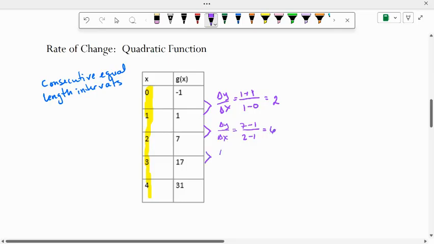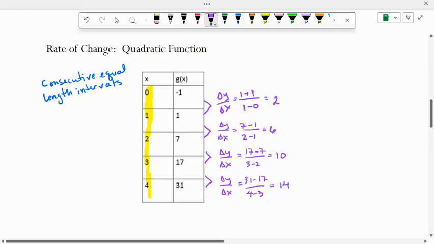When I do it again, I now get 17 minus 7 over 3 minus 2 gives me 10 over 1, which is 10. And my last equal length interval slope is 31 minus 17 over 4 minus 3. So I get a change of 14.